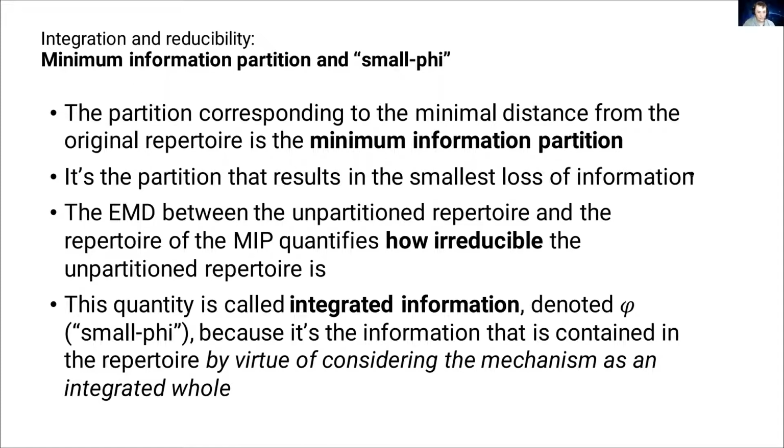The earth mover's distance between the unpartitioned repertoire and the repertoire of whichever system has the minimum information partition is going to correspond to how irreducible the system is, or how much integrated information the system has. And that is what Angus is going to go through for us.